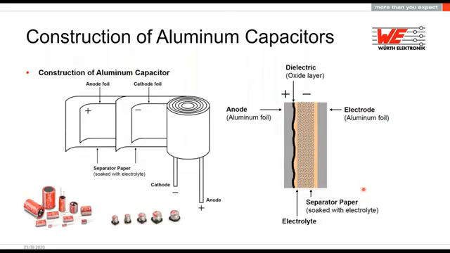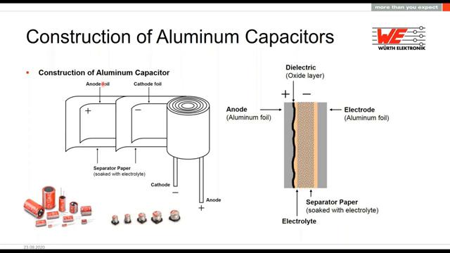The construction: you can easily build your own capacitor in the kitchen. You have to use some aluminum foil and a separator paper. You wind it and make contact on each foil, and then you get a capacitance.